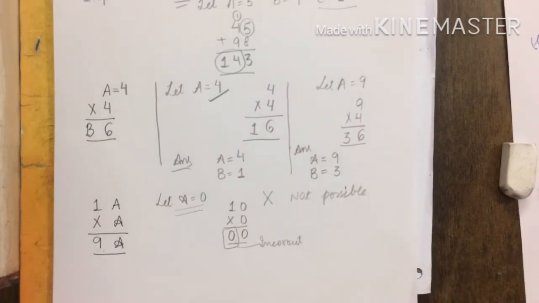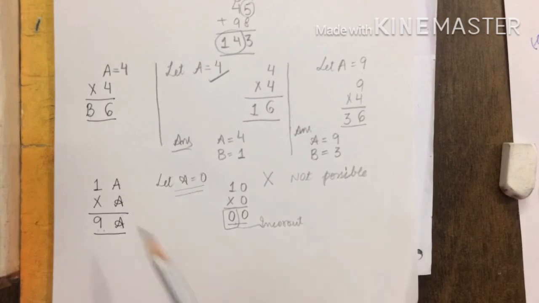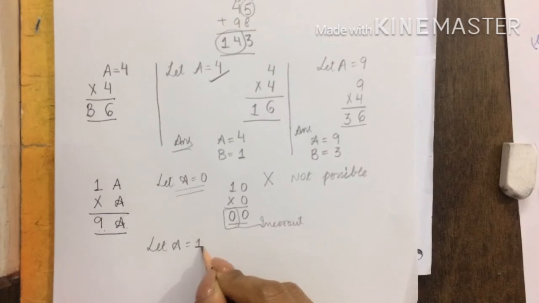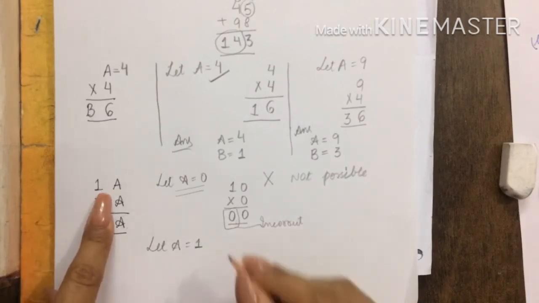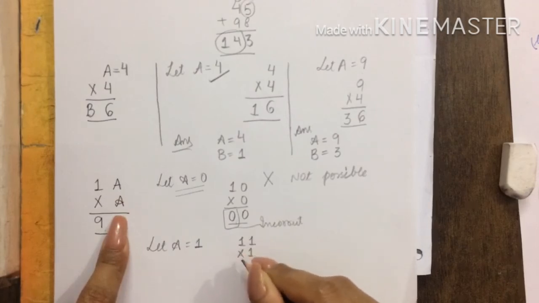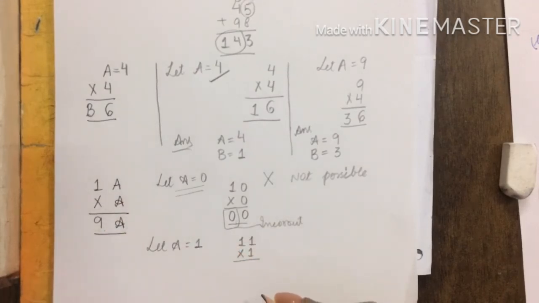Now think of some other value. A digit multiplied with itself gives you the same answer. Now 0 didn't work. Let's move on to the next one. What about 1? Let's try with 1. Let's take A as 1. So in that case, my problem would look like 1 over here, 1 over here. Now let us see what the product is. 1 multiplied with 1 gives me 1.